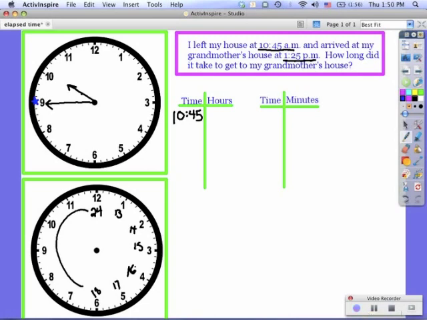So 5 minutes at the 10, 10 minutes at the 11, 15 at the 12, 20 at the 1, 25 at the 2, 30 at the 3, 35 at the 4, 45 at the 5, 50 at the 6, 55 at the 7, and 60 at the 8, and an hour. Okay, so you have 60 at the 9, and you just continue around like that.